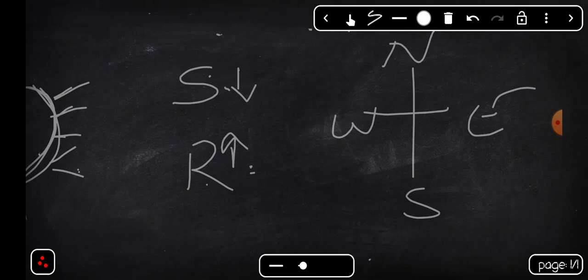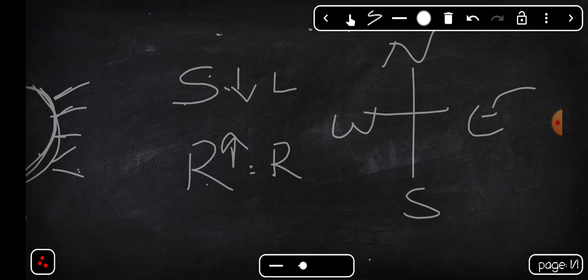Her shadow will be on her left side. This is the left side of Shanta. This is the right side of Radha. Understood? Radha is facing north, that is why the shadow became her right side. Shanta is facing south, that is why her shadow will be on her left side.